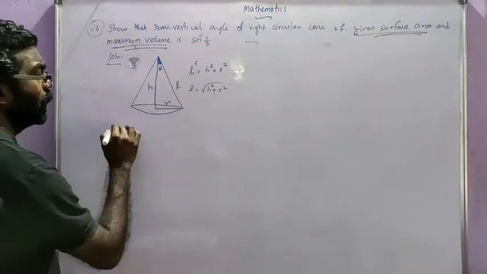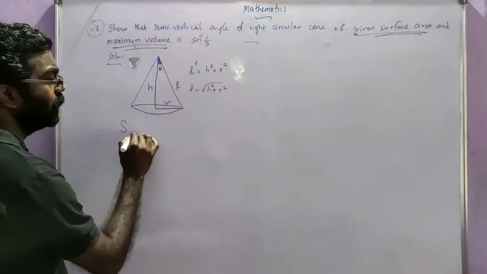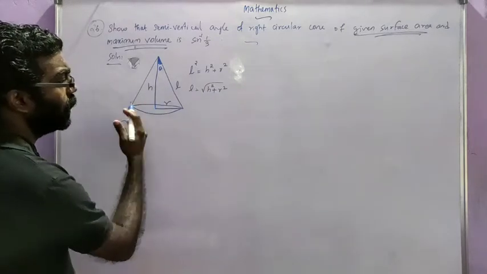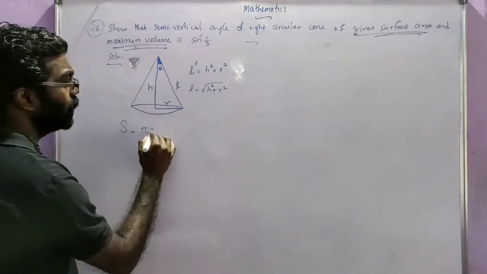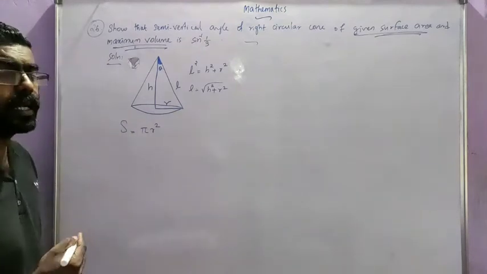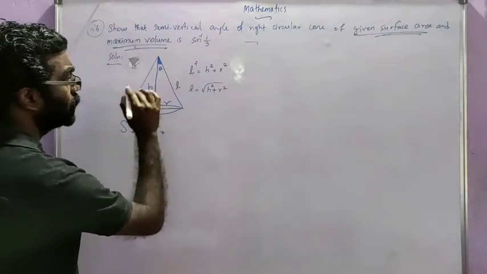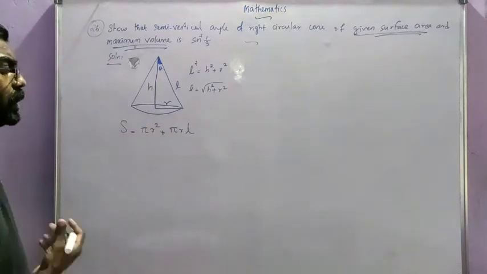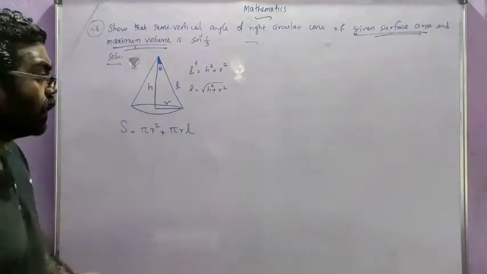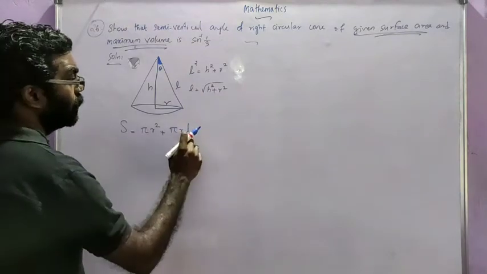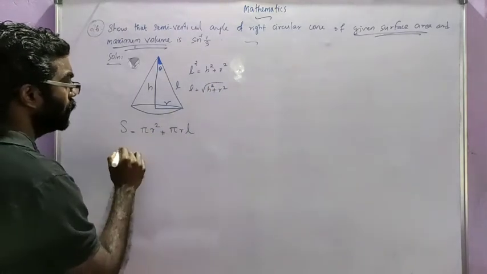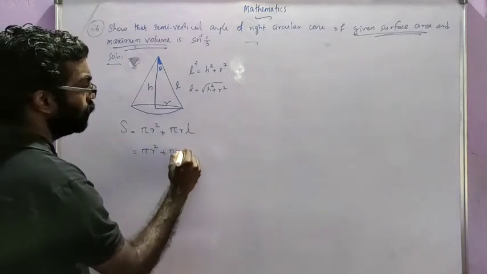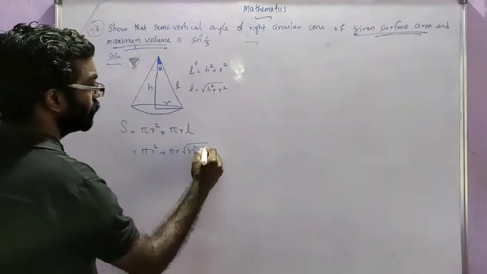Now we can write the surface area. Surface area is a constant, given surface area, and the total surface area is the sum of curved surface area and the base area. Here the base area is pi r square since it is a circle. So pi r square plus, and the curved surface area of a cone is pi r l. So the total surface area is equal to pi r square plus pi r l. And L, the value we can replace by root of h square plus r square. So pi r square plus pi r into root of h square plus r square.